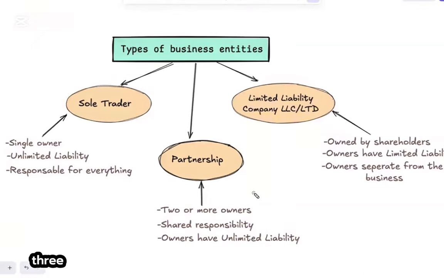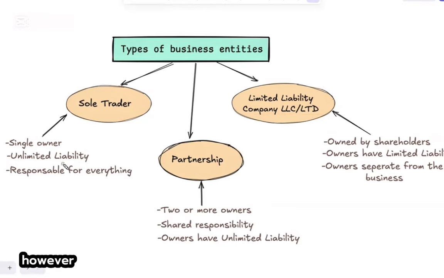There are three main types of business entities: sole trader, partnership, and limited liability company, LLC, or we can call it LTD. Let's look at the first one, the sole trader. Who is the sole trader? It is a business owned by only one person. The owner controls everything and makes all decisions.